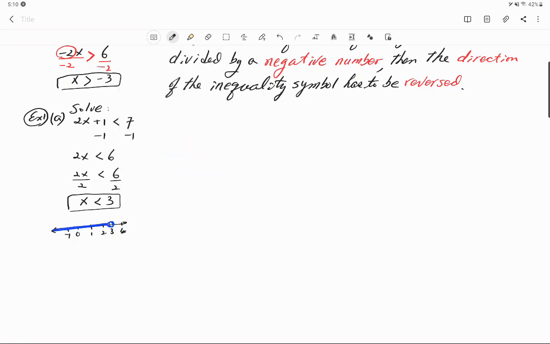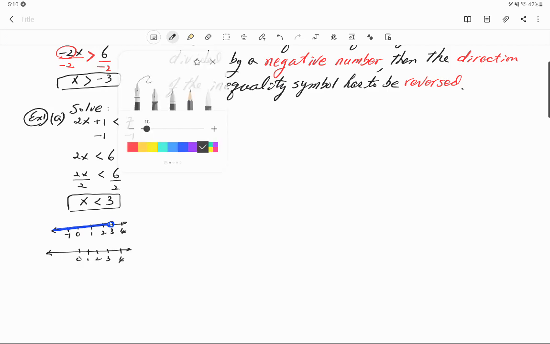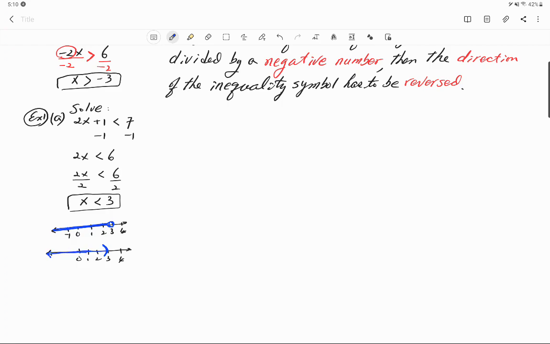Here is the number line, and you can use a parenthesis opening towards the left because the x values are on the left. You may use either an open circle or an open parenthesis, so that the number at the end is not included.